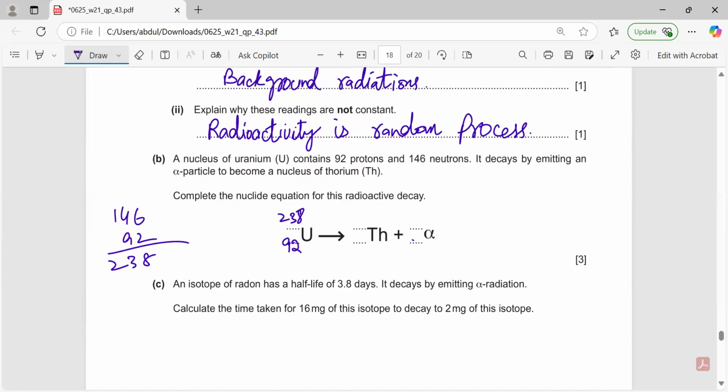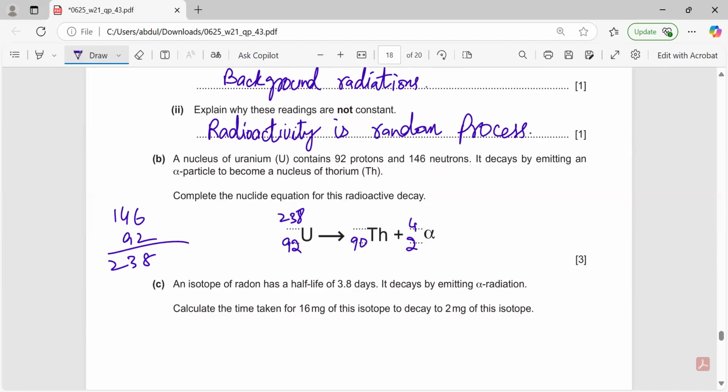Alpha, helium nucleus. So the proton number should be the same on both sides of this equation. 90. Now 92 for uranium, 90 plus 2 is also equal to 92.